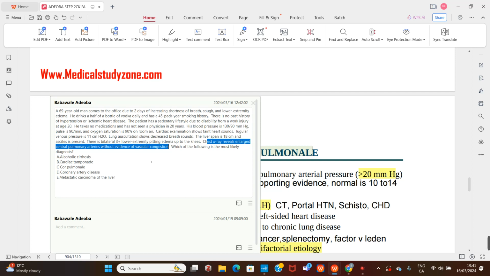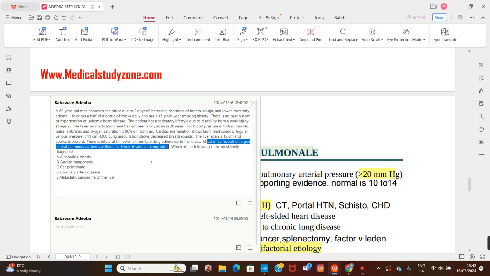Dr. Bawale, sorry. So what you're saying in essence is that because we don't have evidence of vascular congestion, that shows the pathology is not from the left, so we go back to the right side, right? Exactly.